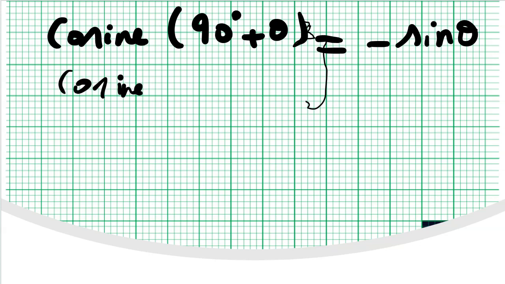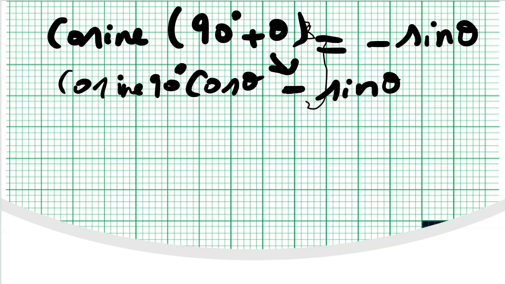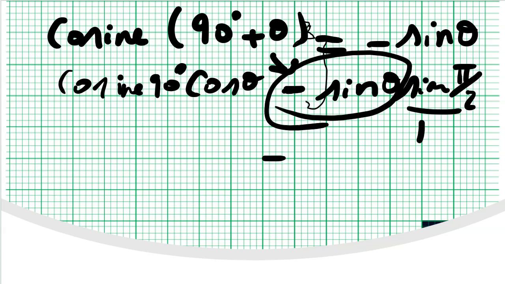This is cosine of 90 degrees, cosine of theta. It does change the sign because it's selfish, and at the end it tells the sign to come aboard. This is 1, so we're left with minus sine of theta because cosine of 90 is 0. Okay, so it makes a lot of sense.